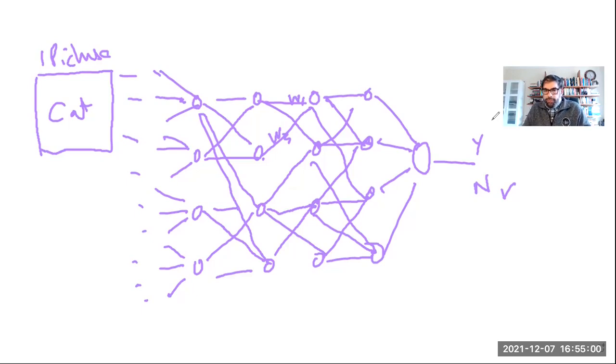So the task of training a neural network is to show it a lot of sample inputs and provide it with feedback whether the decisions it's making are right or wrong. And based on that feedback, the neural network learns and finds out which weights perform the best and give you the best output.